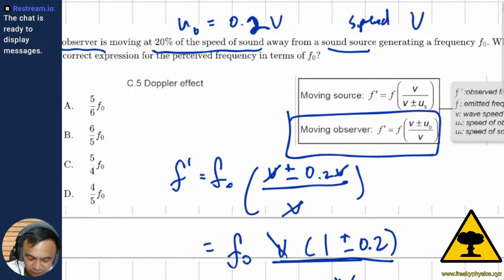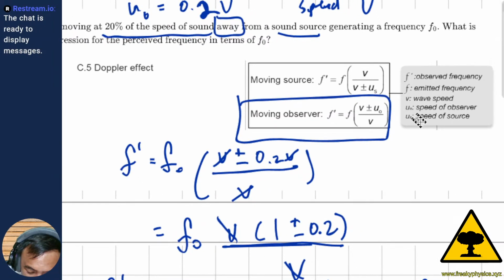Now, before we go back to the choices here, let's go back to one more key feature, away. The easiest way to remember this, whatever the Doppler effect, whatever the motion is, is with personal experience.